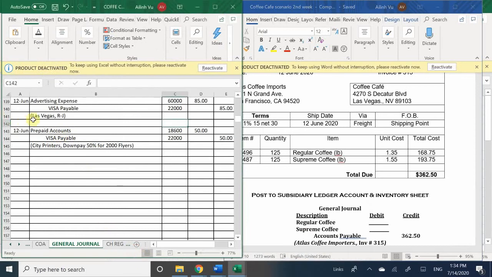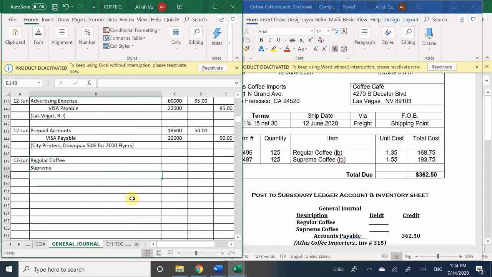First thing is, how do we journalize this inventory? Regular coffee, supreme coffee, and accounts payable. Good.